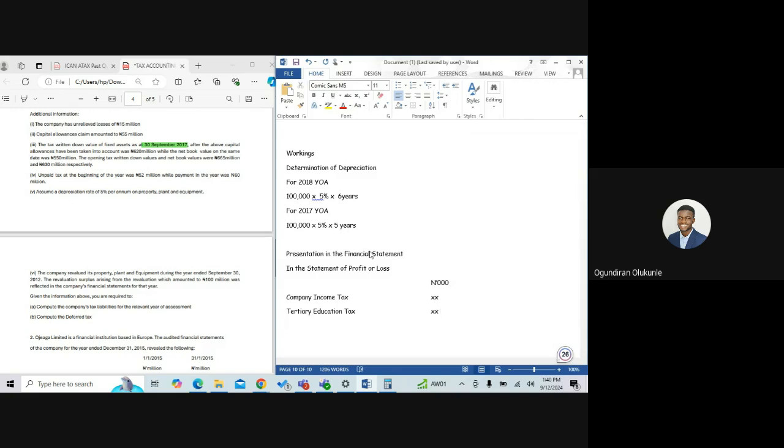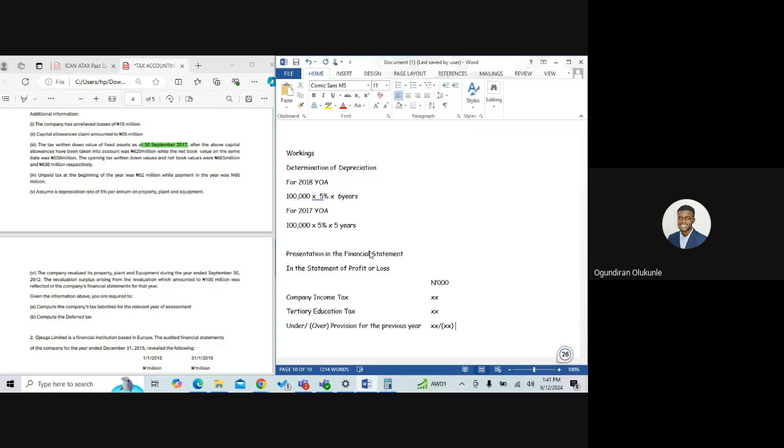Then you have under or over provision for the previous year, right? So what under provision simply means is that last year you didn't provide up to the tax amount.